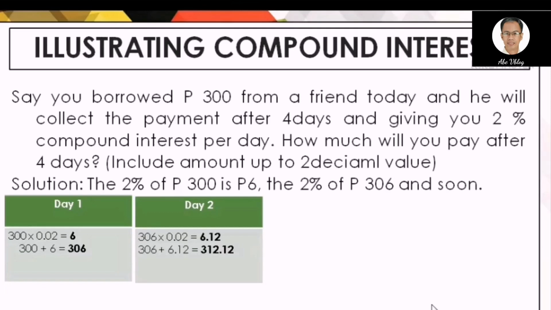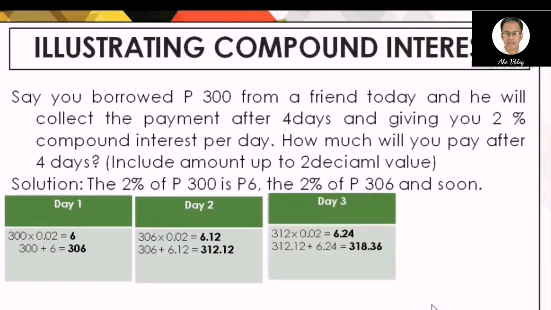As you can see guys, from 300 it became 306, then we multiply by 2% again for another day. So the payment that you're going to make to your friend, ang babayaran mo sa friend mo, ay dadagdag yung 6.12. So 306 plus 6.12, that is 312.12. So yan yung babayaran mo ng day 2. Kapag day 2 magbabayad ka.